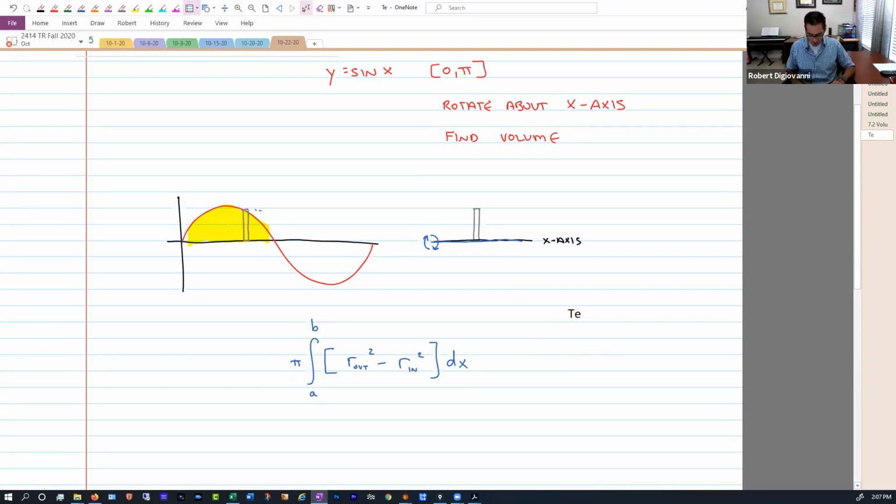I got to be able to spell, type. The outer radius is the distance from axis of rotation to the outer edge of the rectangle.